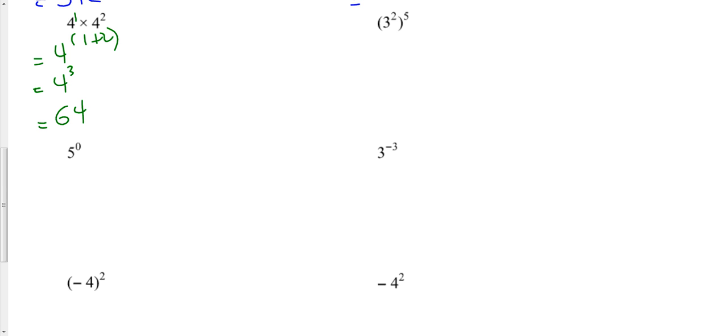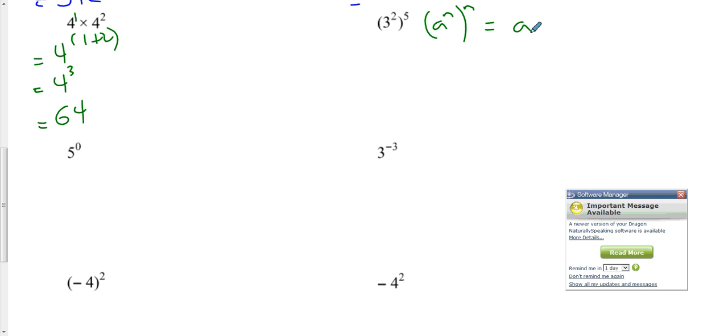A new thing here, on the right-hand side, we've got 3 squared. That's our power, and then that power is being raised to the exponent 5. When you've got a to the n, and it's to the exponent m, that's the same thing as saying a to the exponent n times m.